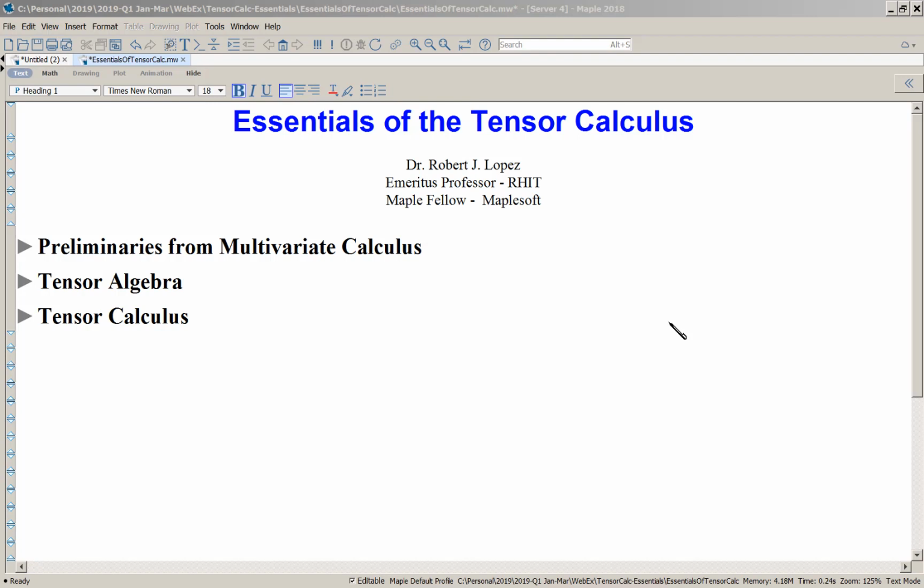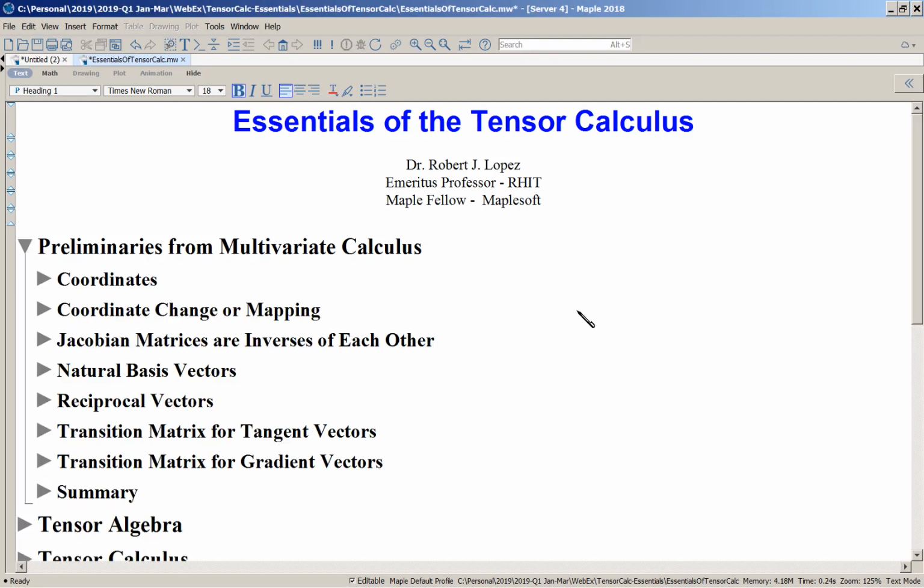Now, much of the formalism of the tensor calculus builds on ideas from multivariate calculus. So there are 3 themes, and these are divided into 5 parts.